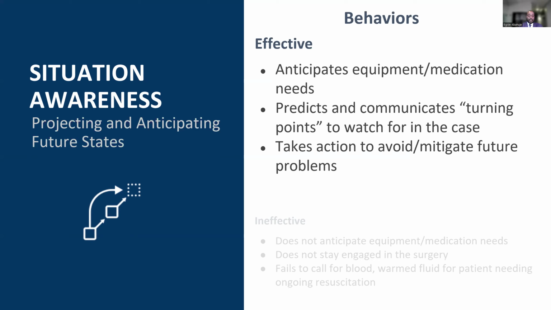Another example is to take actions to avoid or mitigate future problems. For example, ensure that you minimize blood loss for that patient who you think had low hemoglobin for the operation, so ensure that you use adequate techniques so the blood loss is minimal.